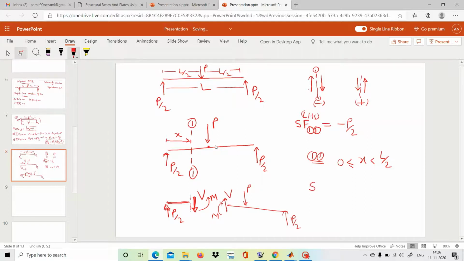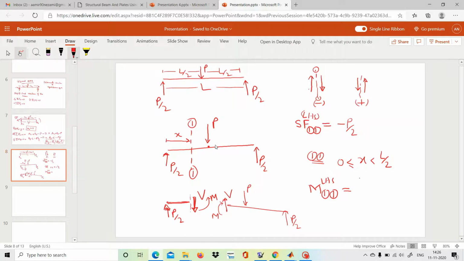Now the moment at section 1 1 from the left-hand side would be equal to the transverse force multiplied by the distance to that section.